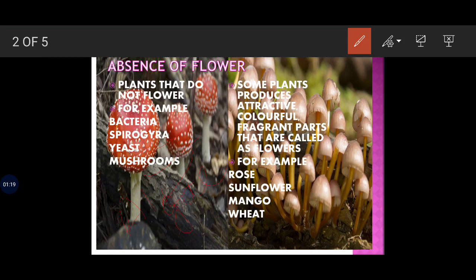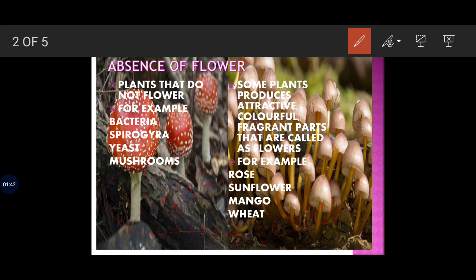Then, if these bacteria, Spirogyra, yeast and mushrooms don't give flower, then what do they give? They give out spores. These spores help in the continuation of their generation.